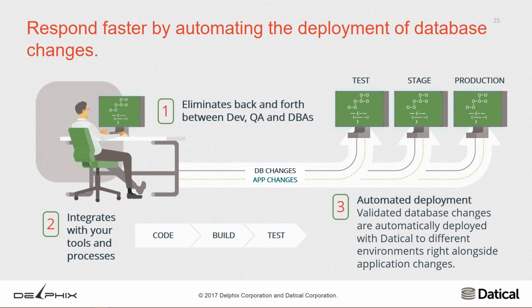The reason why you needed a DBA to look at these things in the past is because you wanted the world's fastest, best computer to review these SQL scripts. But we've got functionality in Datical that can peer into those changes and decide if they are going to meet your standards.